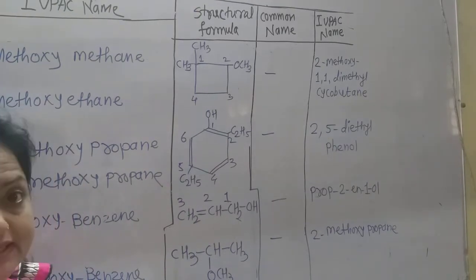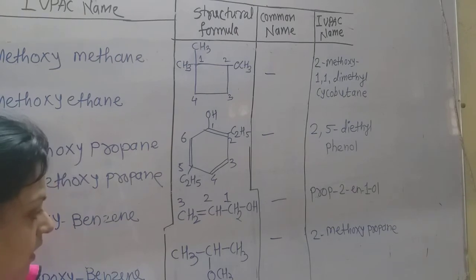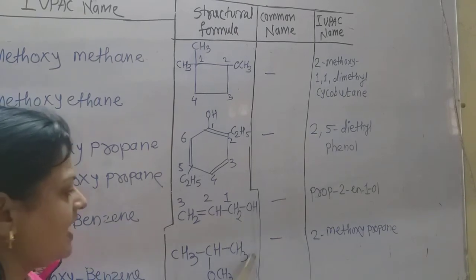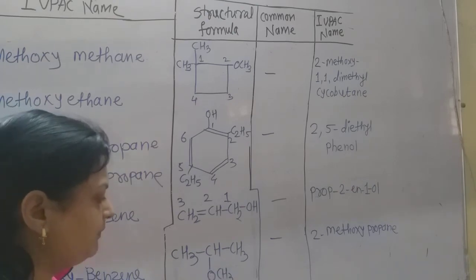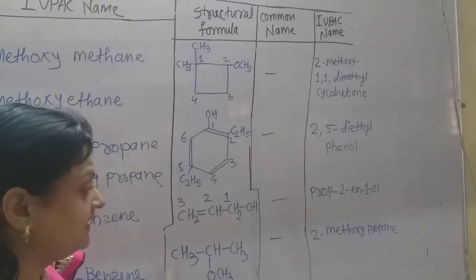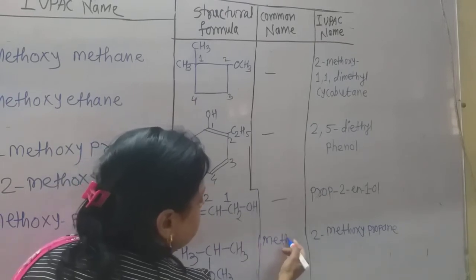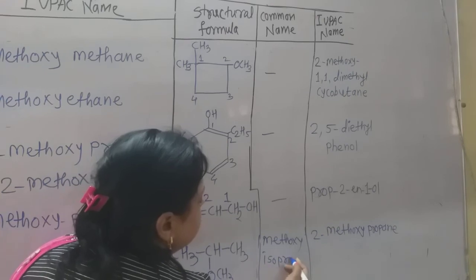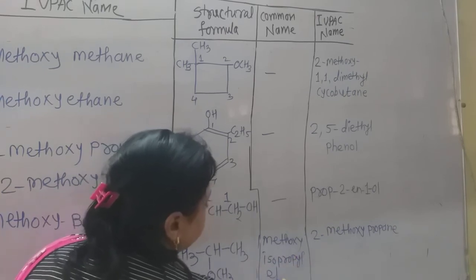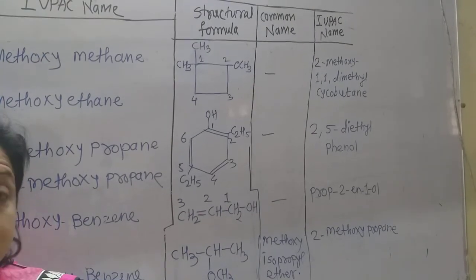Now let us see the next, here the ether again. Here this is the isopropyl group, by common name, and this is the methyl group. The common name of this ether is methyl isopropyl ether. But what is the IUPAC name?